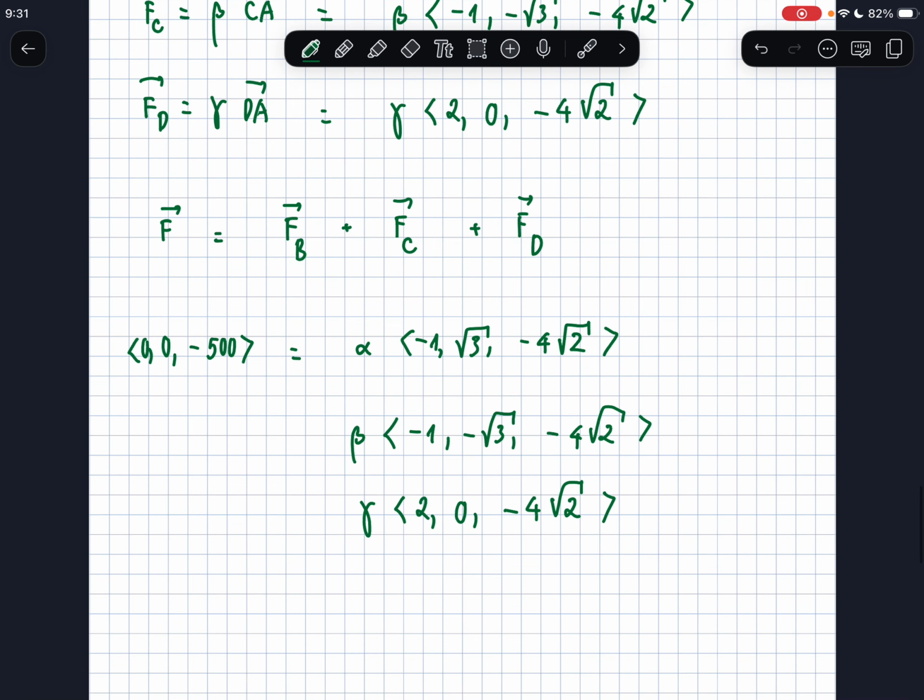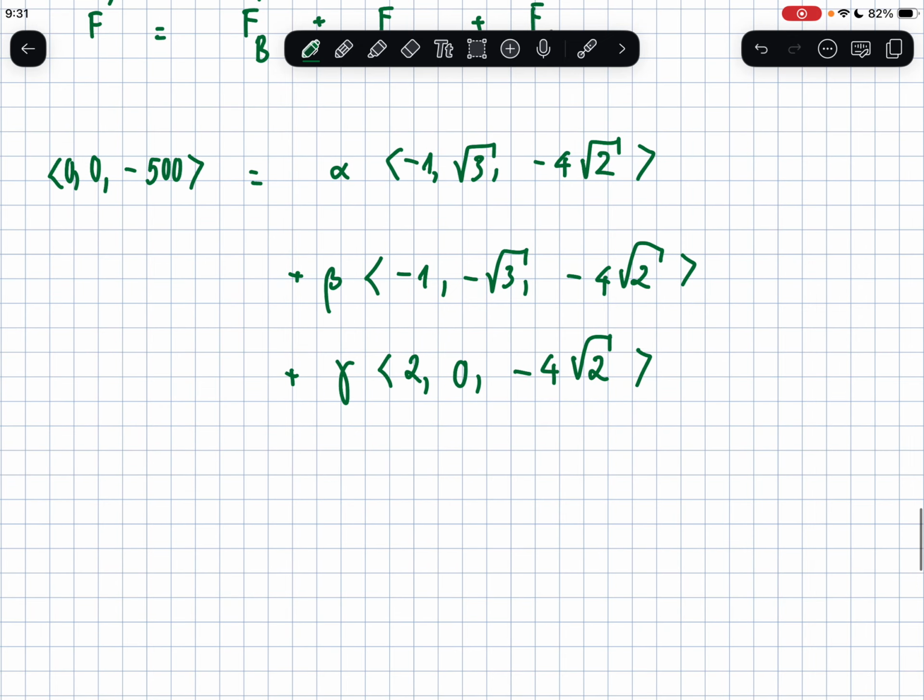So we have this equation. On the right hand side, you see that alpha multiplies minus 1, alpha multiplies square root of 3, and so on, plus beta times minus 1. So you can just do each component here.